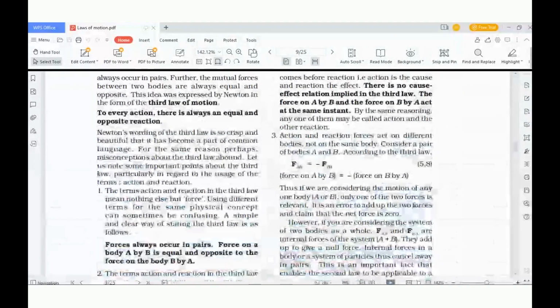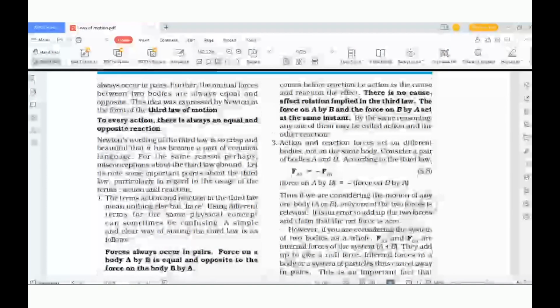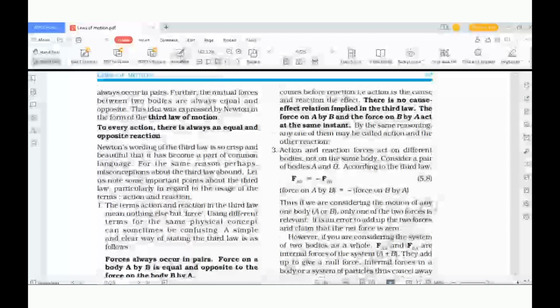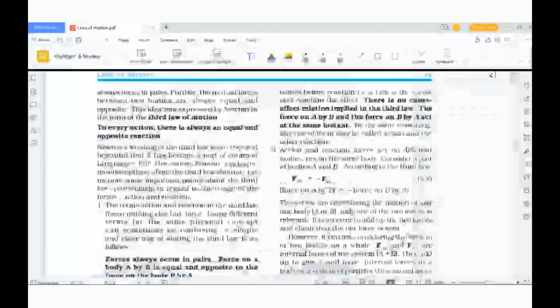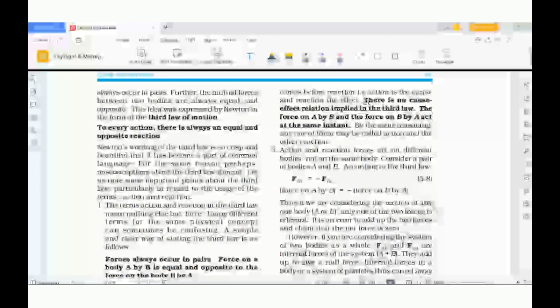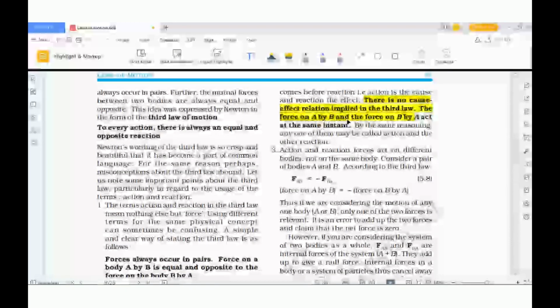I think we have discussed till here. So here what we are saying is, there is no cause and effect relation implied in the third law. The force on A by B and the force on B by A act at the same time. That is one point you should understand.